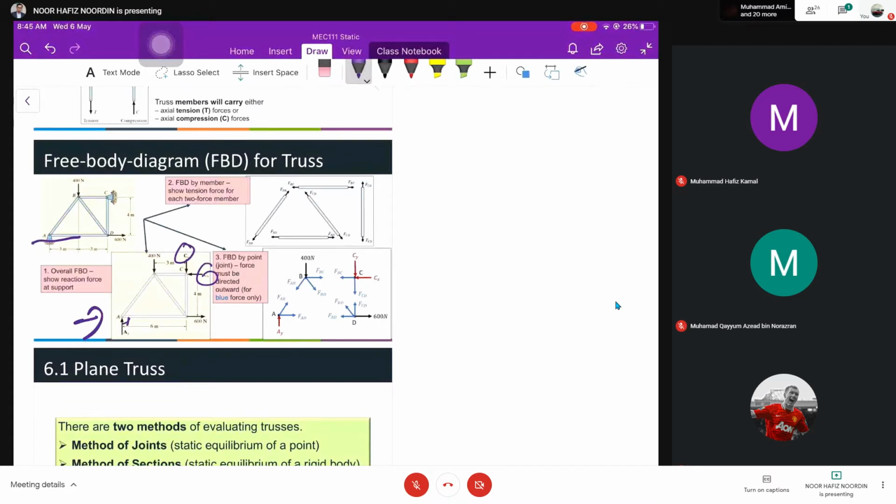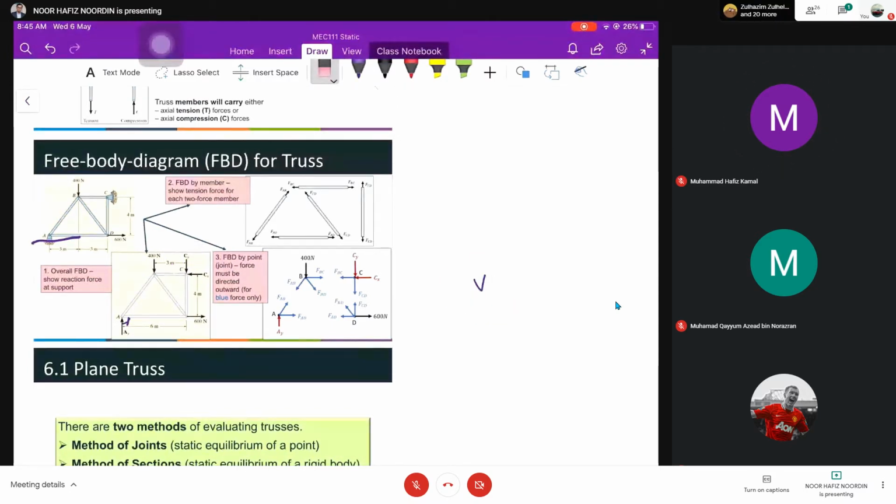If let's say you assume the direction of CY is upward, and then when you calculate the value, you got the negative value. So when you got the negative value, it actually indicates that the correct direction is opposite to your assumption, which is the correct direction is downward. Faham tak? Faham sir. Okay.